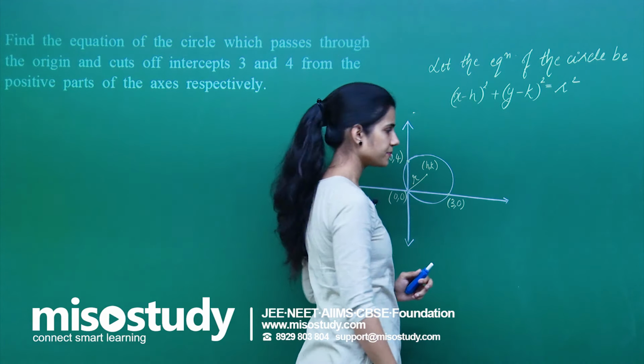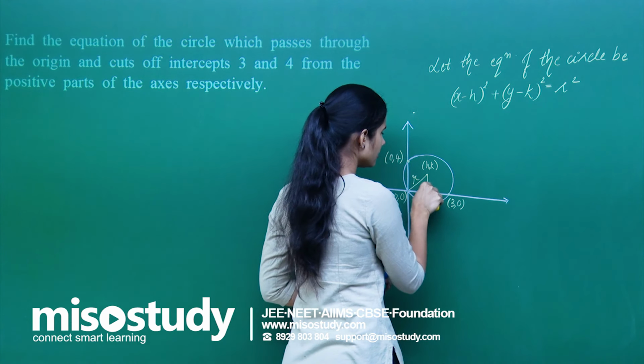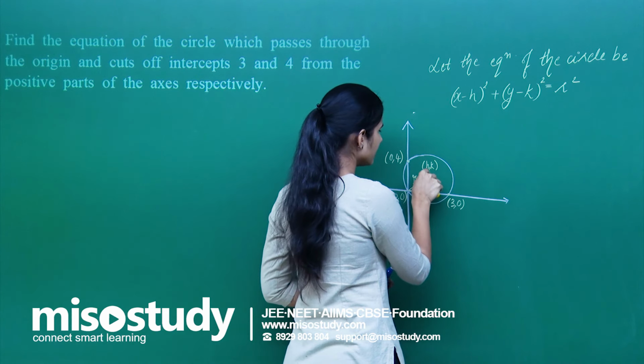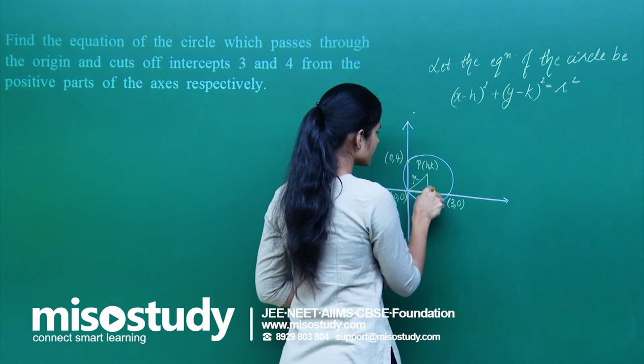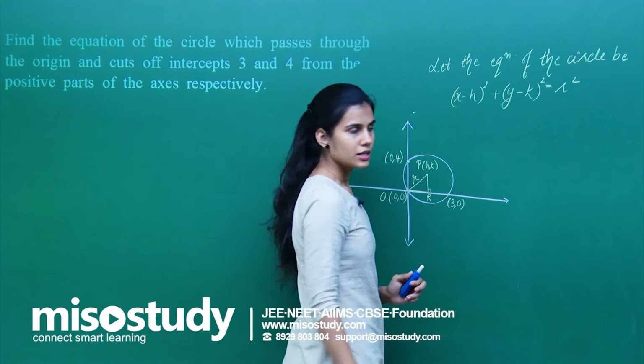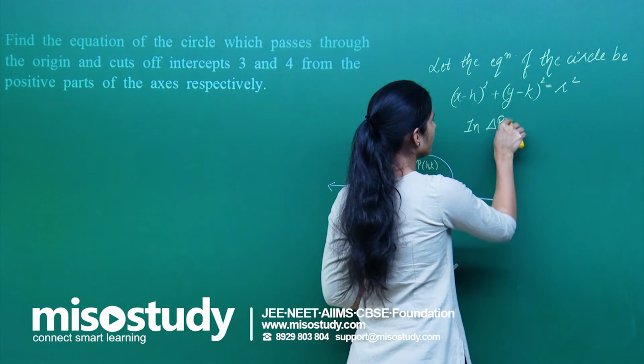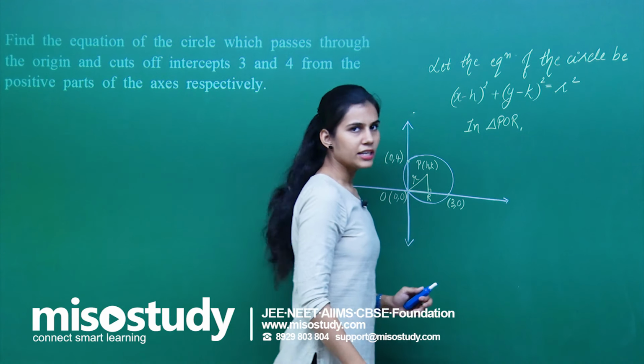that is the radius. Now if this is r, drop a perpendicular here and talk about this triangle. Say this point is P, this point is O, and say this point is R. In right angle triangle POR, what are you getting?